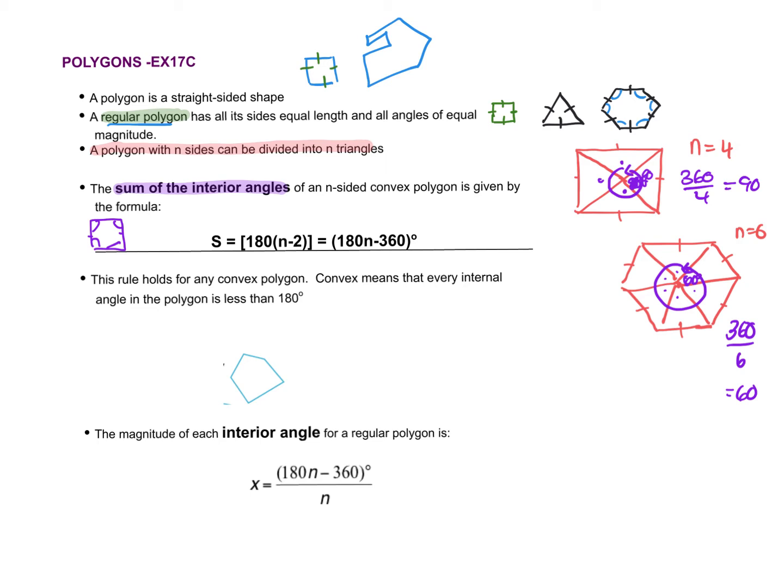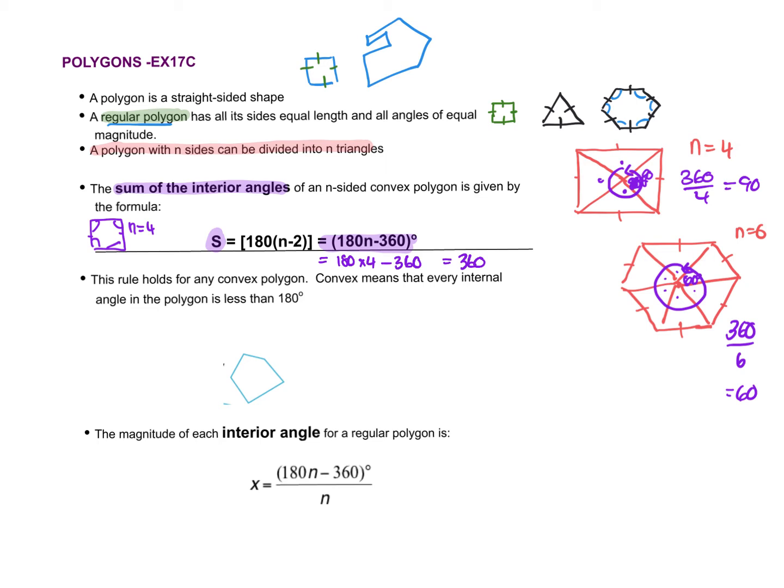So let's see if this formula works. You're only going to use one part; this is just showing 2 ways. So I suggest just use this part of the formula. If I did 180, say this square has 4 sides, it'd be 180 times 4 minus 360. And if you do that, you get 360.